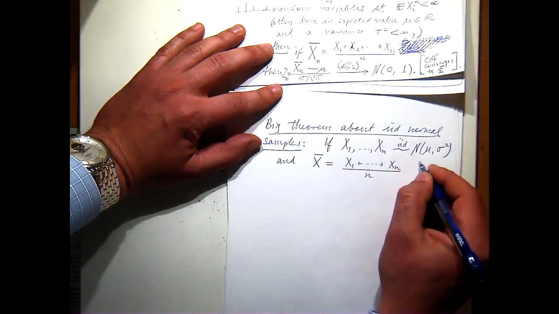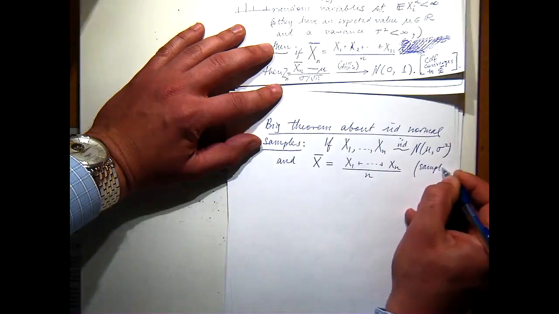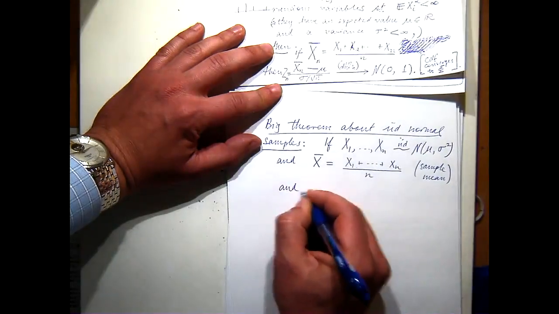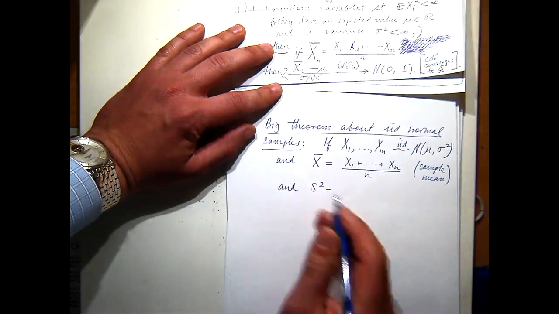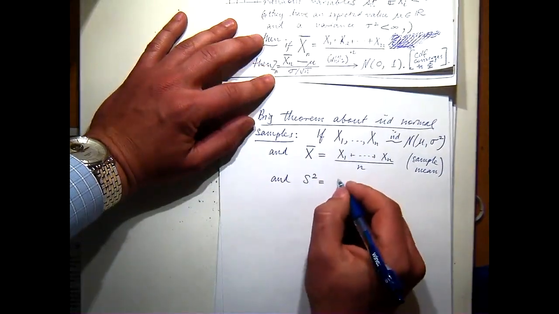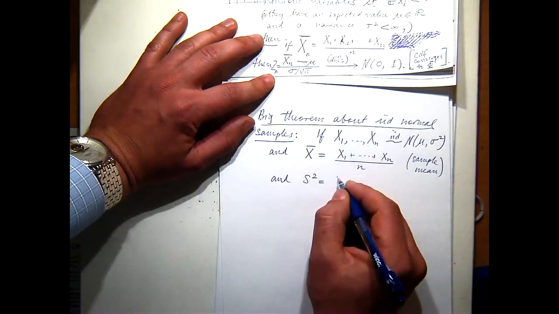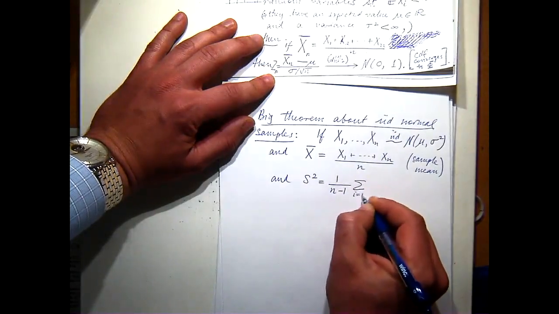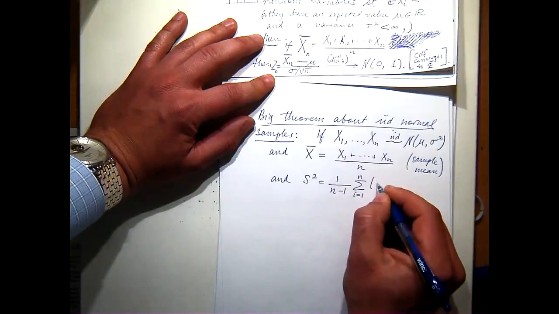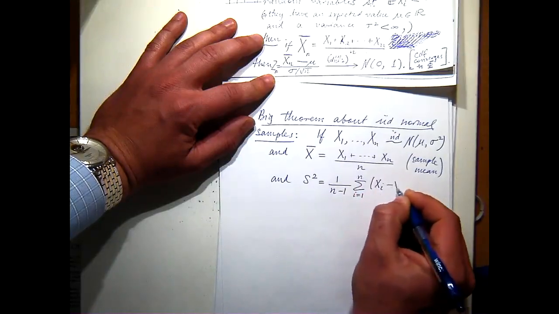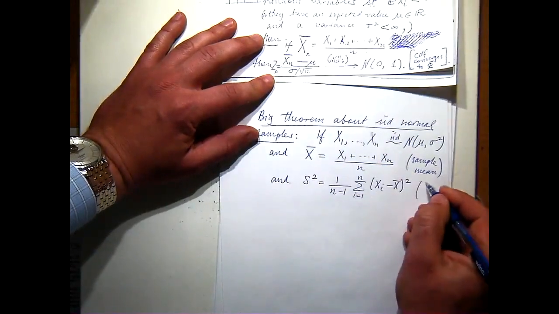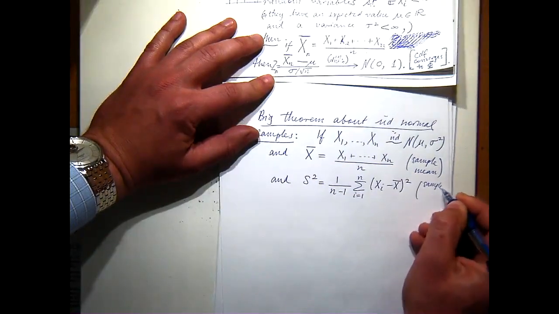So that's the sample mean, as you would recall. And let's also have the sample variance, which we usually call s squared, unless there's a reason to make it more complicated. So on the definition, that is 1 over n minus 1, sum i equals 1 to n of xi minus x bar squared. So this is, of course, called the sample variance.